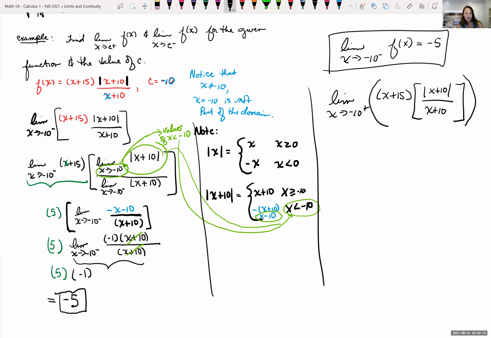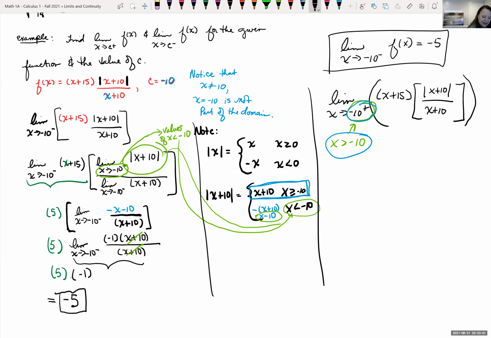And so now when we're plugging in numbers, our numbers are to the right of negative 10. So x is greater than negative 10. So if x is greater than negative 10, that tells me that I need to use this equation for my numerator.